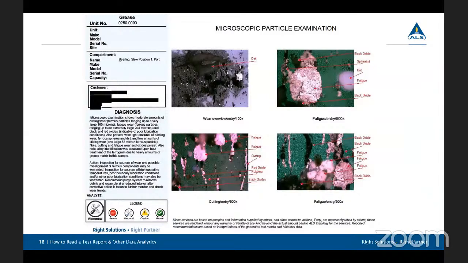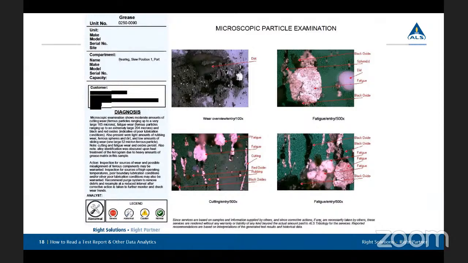So the big question for whoever is maintaining this crane is, where is that dirt coming from? Is there an issue with the seals on those slew bearings? Is it allowing dirt to be ingested? But the other question is, could the grease be the source of dirt when it's being added? Perhaps they have a bucket of grease, the lid is being left off, it's in a dirty environment.